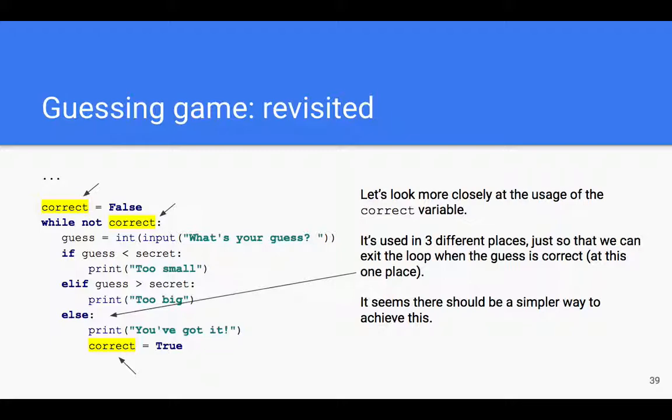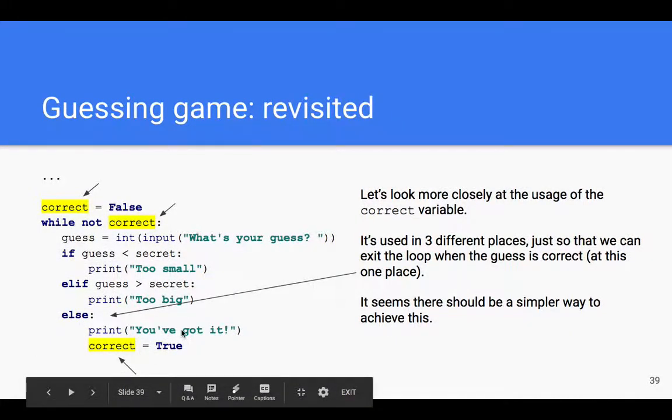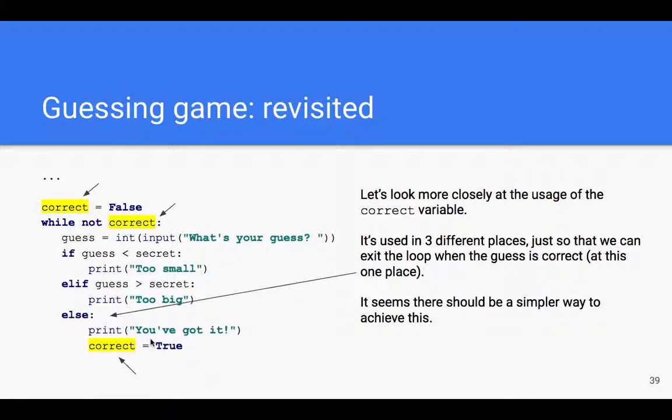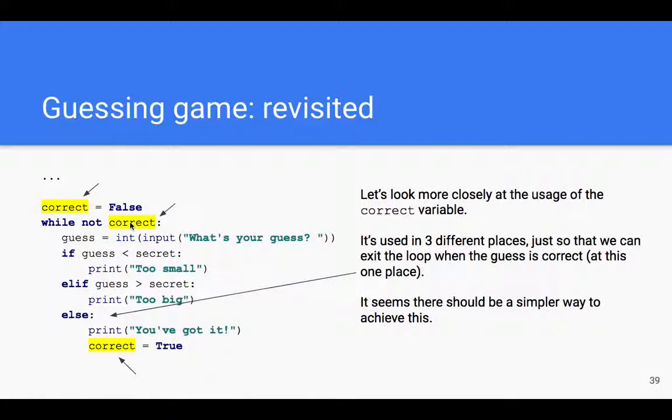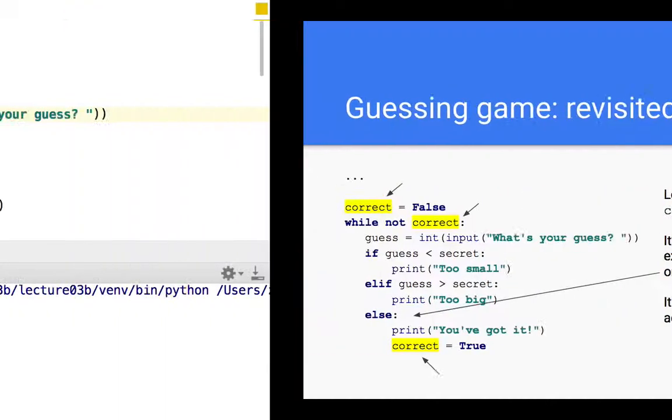There is really only one place where the user gets the secret, and that's the one place that we want to terminate the loop. But we have to use this variable in three different places. There's got to be an easier way to do it.